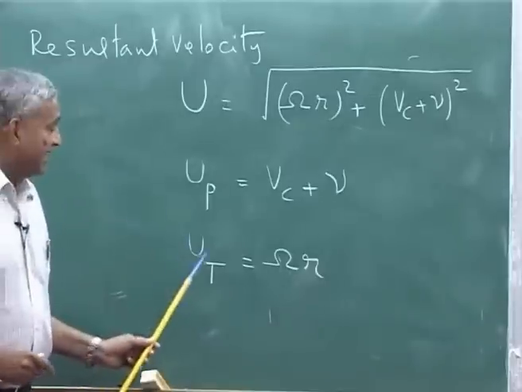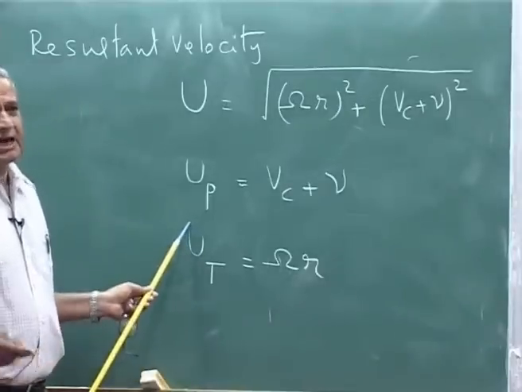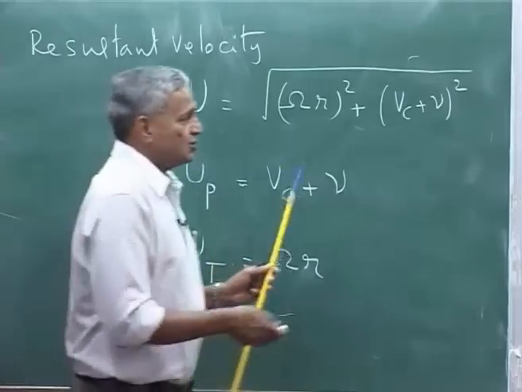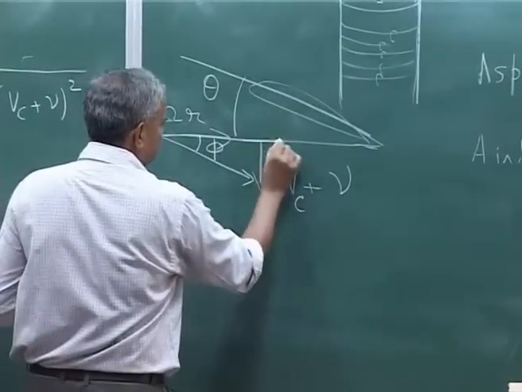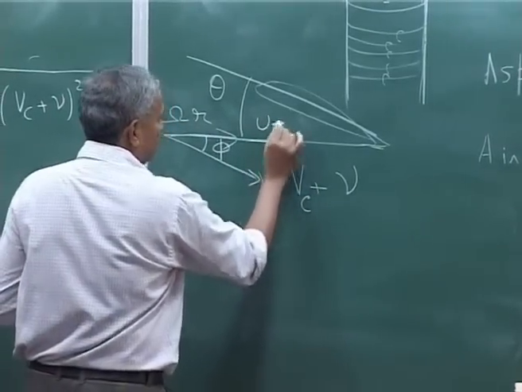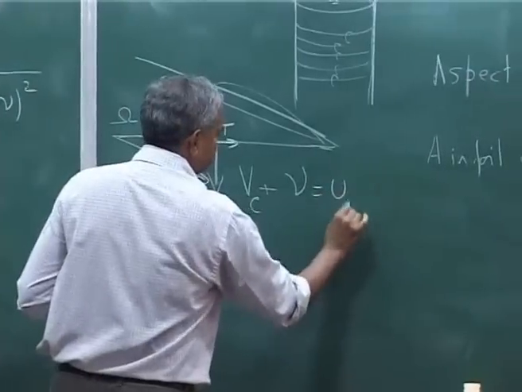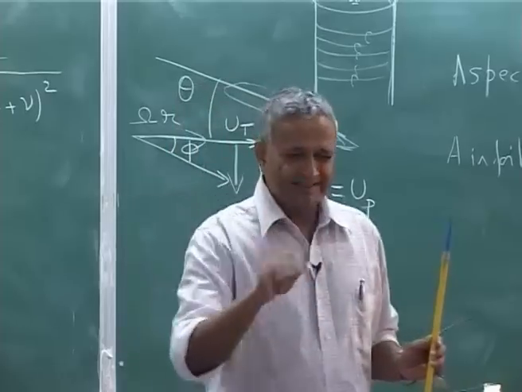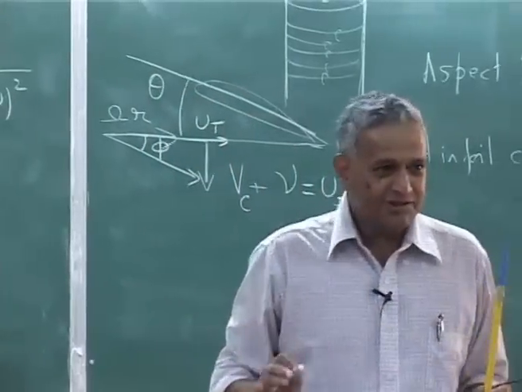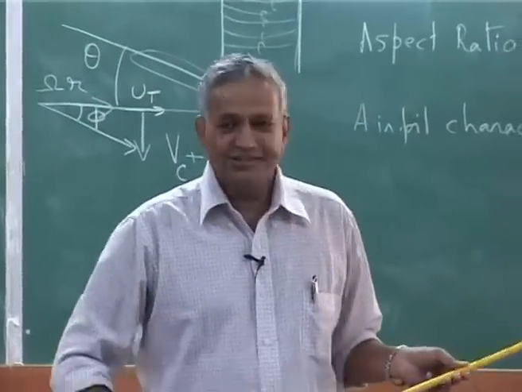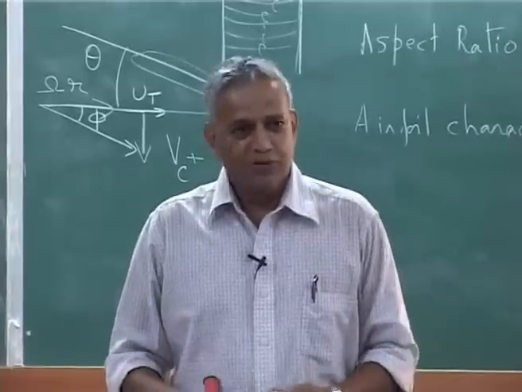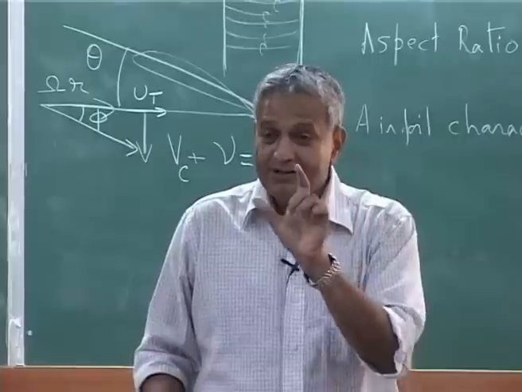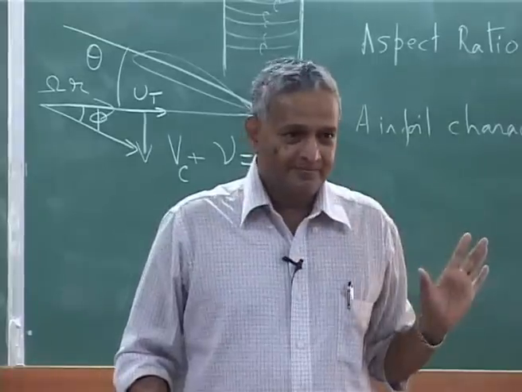This is the tangential velocity, this is the normal velocity. Instead of calling it normal n, you call it up. So this is ut, this is up. This is a standard notation that is used for ease of understanding. Ut is tangential, up is normal, everything with reference to the aerofoil.